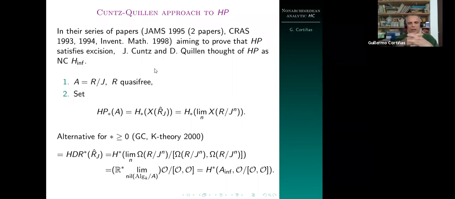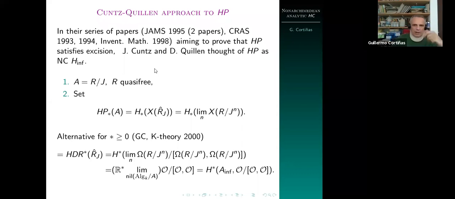So if you do that, then you get a similar description as before in terms of sheaf cohomology, but now the sheaf, instead of being O, is O modded out by the linear commutators. So we have a perfect analogy between HP and H-inf.